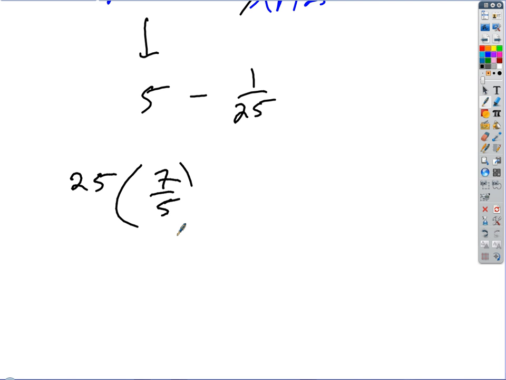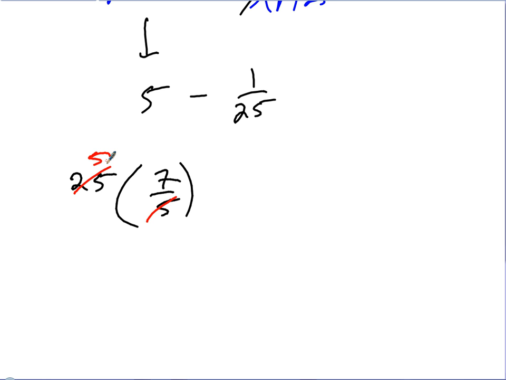Which one do I want to do first? Do I want to straight distribute the 25 and get 25 times 7 divided by 5? No, not in this case. I'd rather reduce first. 25 over 5 reduces to 5 over 1. And then 5 times 7 is just 35, much easier.